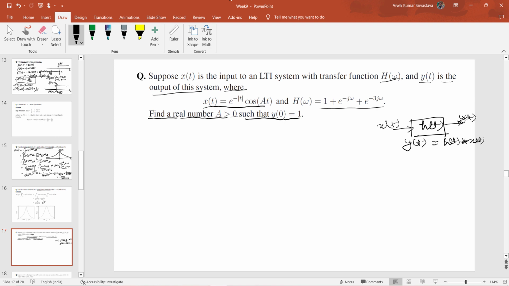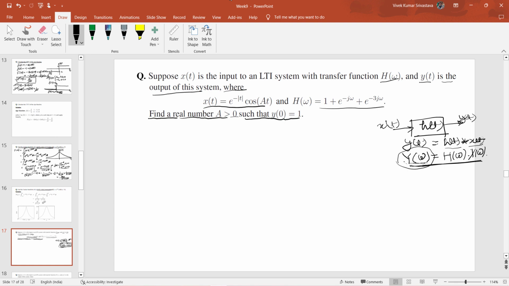Whereas in the frequency domain this will be very easy, because you have to just take the multiplication of h of omega with x of omega. This method will be very easy for us to determine the output, because once you solve this expression, you can easily take the inverse Fourier transform to transform this y of omega into the time domain.